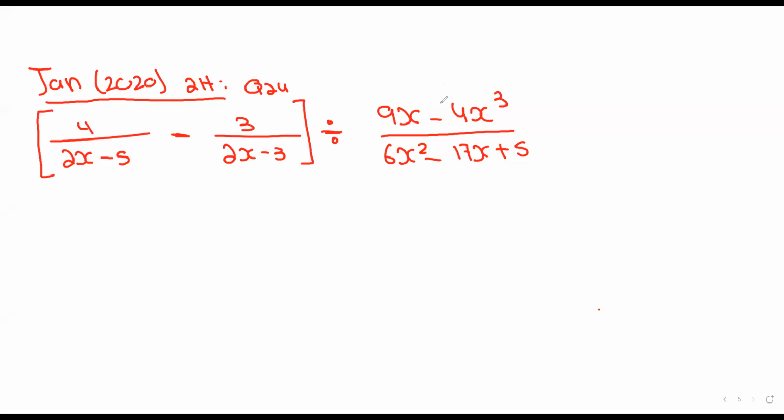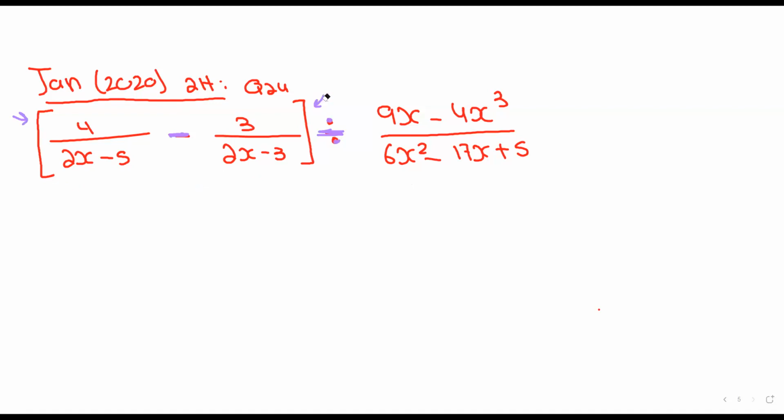Now, first, as we said, let's identify the operations that we have over here. We have the subtraction, we have the division, and then we have brackets. According to the order of operations, I must start with the brackets first, ignoring everything else.